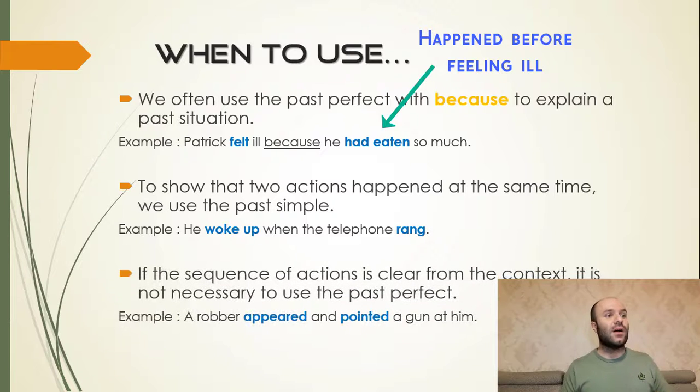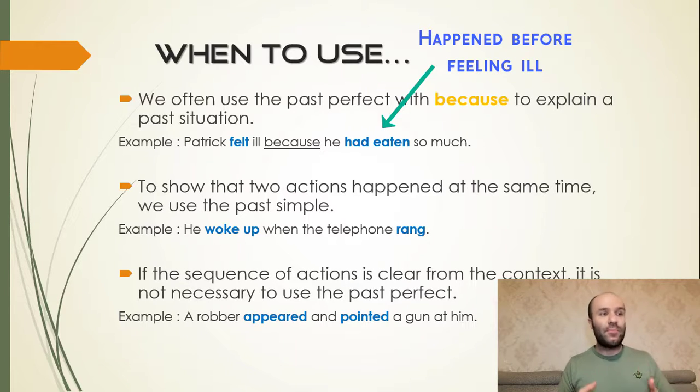If the sequence of action is clear from the context, it is not necessary to use the past perfect. Okay, there's an example here for you to understand better. A robber appeared and pointed a gun at him. Okay, so there are two sequences of actions here.